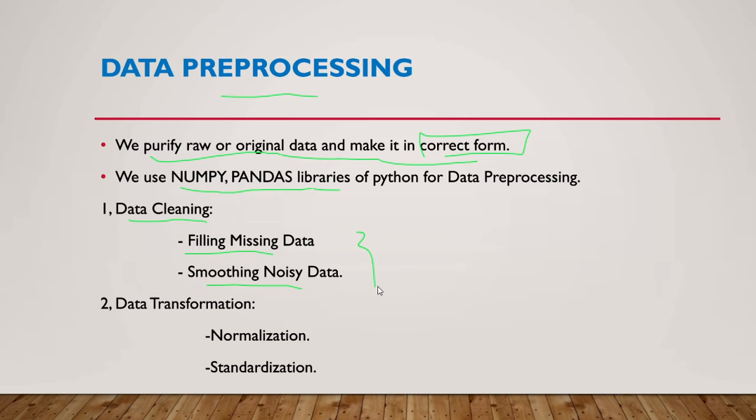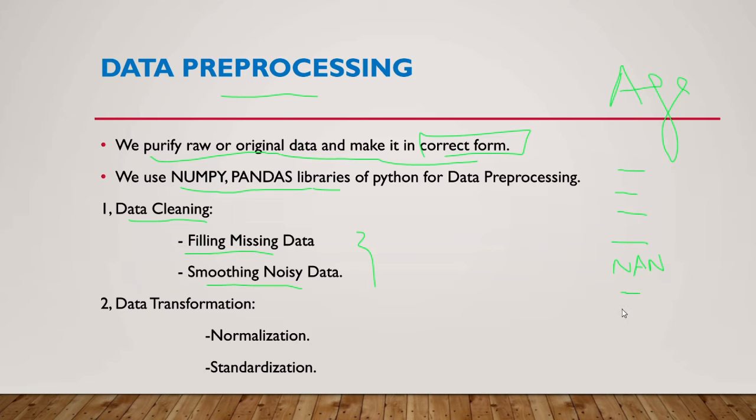So what does filling missing data mean? Suppose we have a dataset in which we have a feature called age, and in this we have some values 10, 20, 30, 40, and then randomly a unique value appears in front of us, called NaN. It is also called a null value. It means nothing is present here.